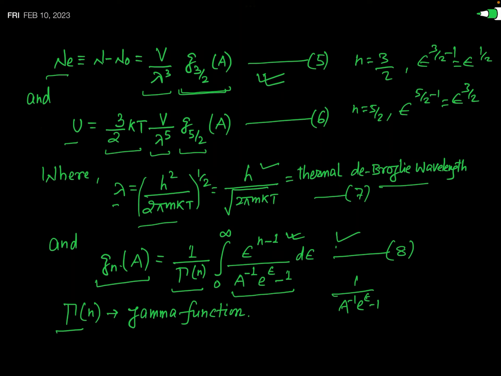So Ne will be V divided by lambda cube times g_{3/2}(1), because you have to take 1. When you take A equal to 1, then you have to write T equal to Tc, and in that condition lambda will be h divided by the square root of 2 pi m k Tc, not T. So in the value of lambda, this T will be replaced by Tc because A is equal to 1, and in that condition T becomes Tc, which is the critical temperature.